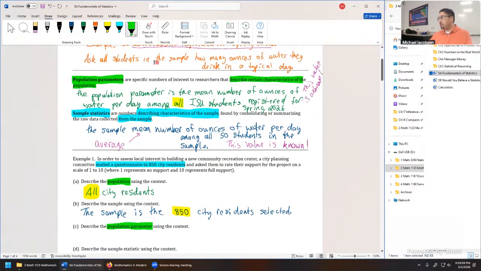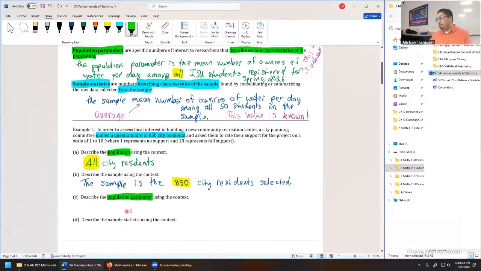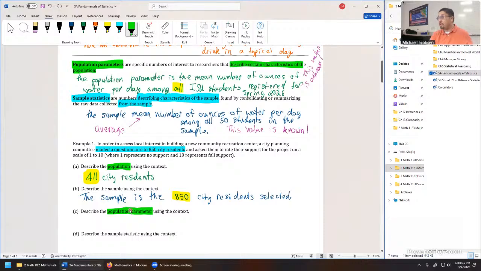Well, thinking in terms of what we were doing here, we're going to ask all students in the sample how many ounces of water they drink in a typical day. That implied what the parameter was, the mean number of ounces of water per day among all ISU students. And same idea here. Everyone in the sample of 850 residents is just going to report a number 1 through 10. But that means the population parameter is going to be, let's say, either mean, or you could say average once again.